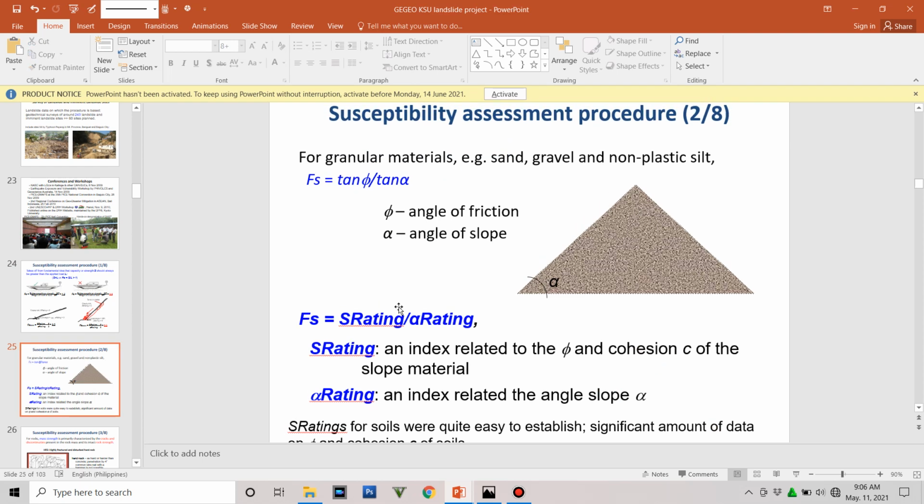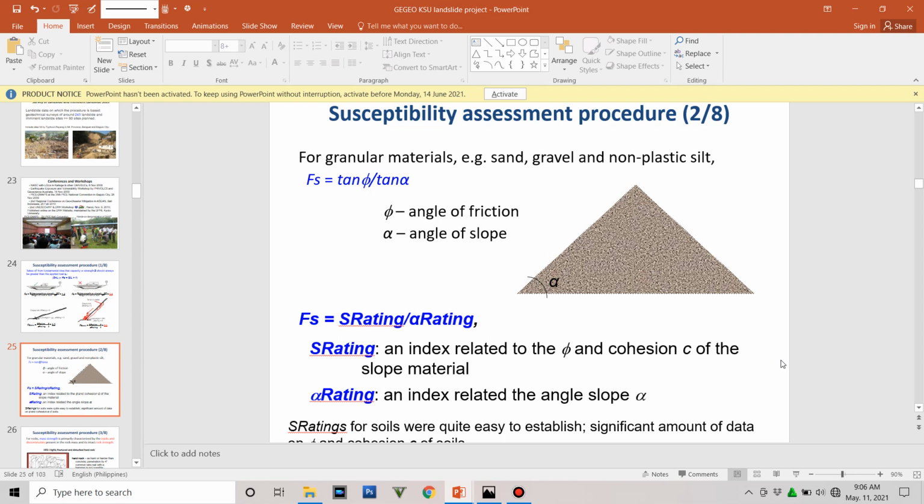So referring to the S rating, it is actually the strength parameters of our slope material. For soils, we say that soils are granular materials. We have the coarse material, or the rough material, like sand and gravel.